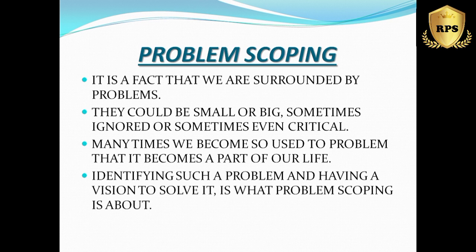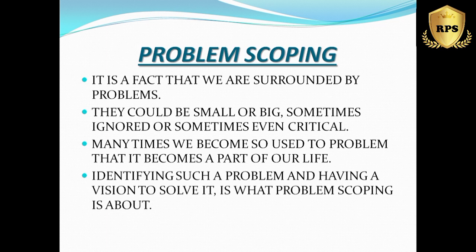It is a fact that we are surrounded by problems. Of course, you always face problems in school, with friends, in any way. Anything can be a problem for you. They could be small or big, sometimes ignored or sometimes even critical. So problems are also of two types: those which can be ignored and those which cannot be ignored.